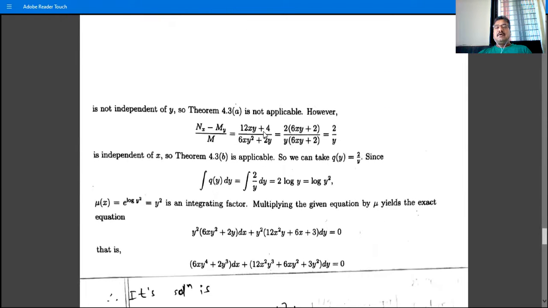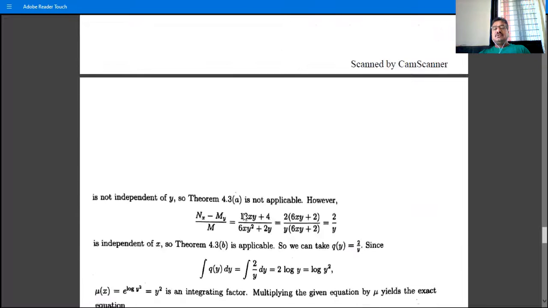Then take 2 common from the numerator, and 6 common and y common from the denominator. The brackets are the same and cancel. We have 2 by y, which is independent of x. This is a function of y alone, not a mixed function of x as well as y, and therefore it is denoted by q(y).